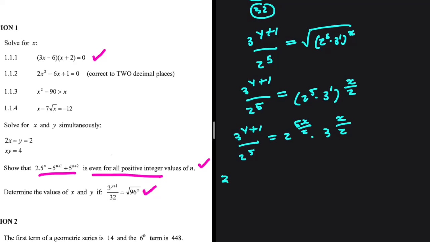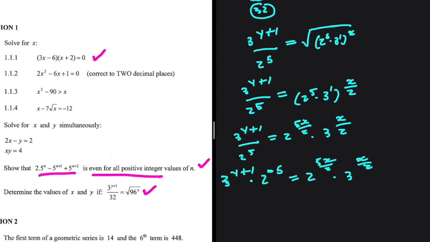This is the same as 3 to the power y plus 1 multiplied by 2 to the power minus 5. We're taking it from the denominator to the numerator, so it must have a minus sign on the exponent. This will be equal to 2 to the power 5x divided by 2 multiplied by 3 to the power x divided by 2.